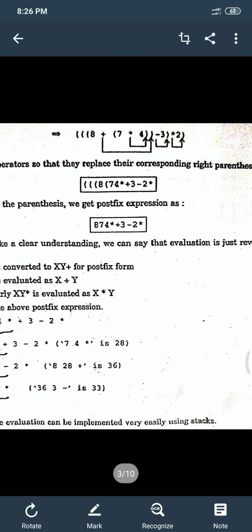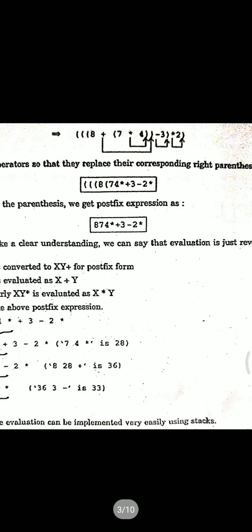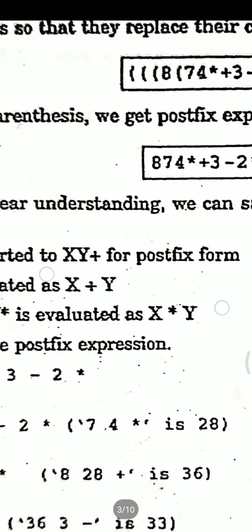There is an operator minus, which will be placed after 3, and next the last pair of parenthesis left out with the operator multiplication will be placed after 2. So once you write it overall, you get this converted postfix expression.